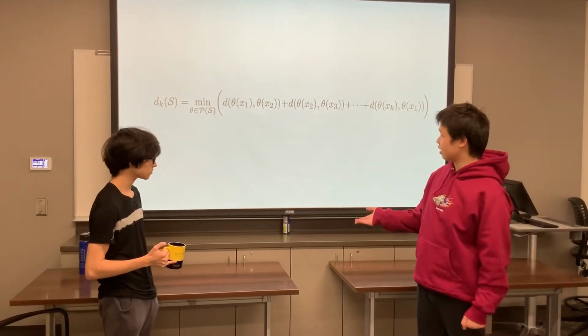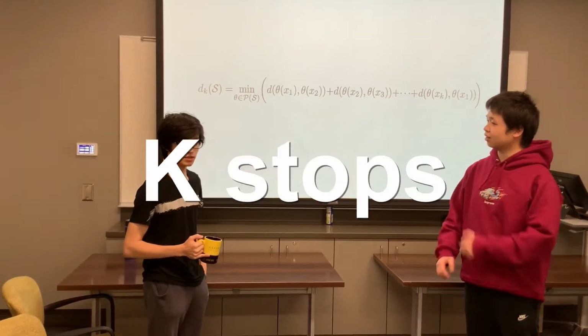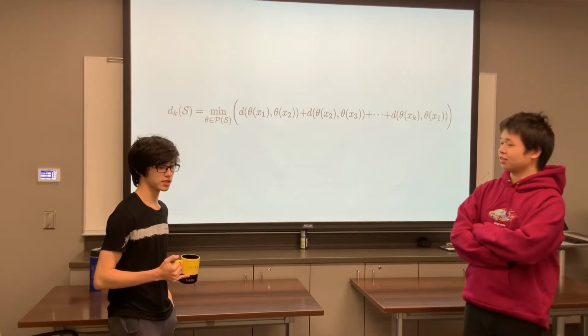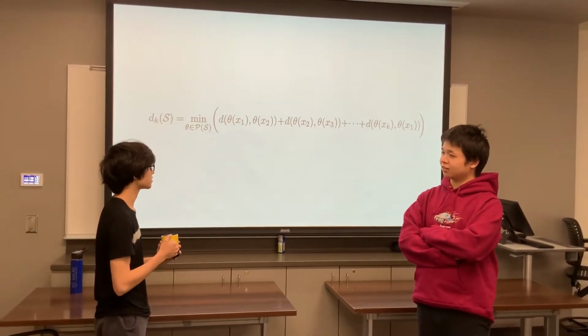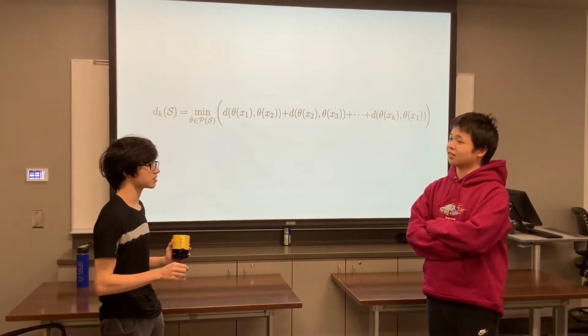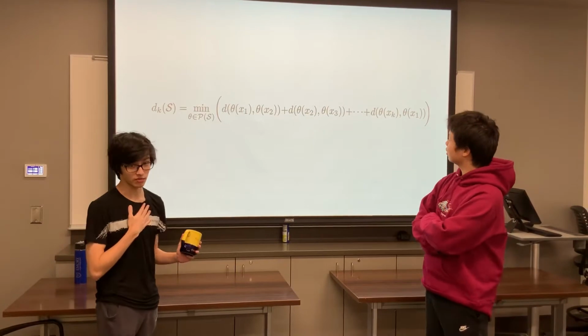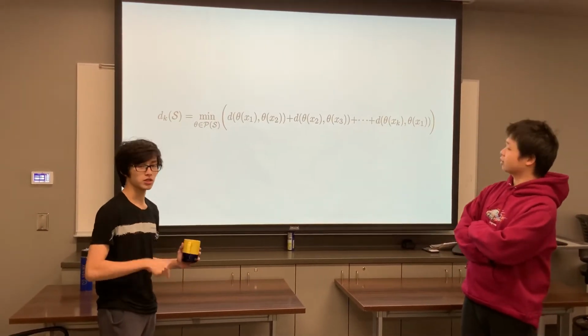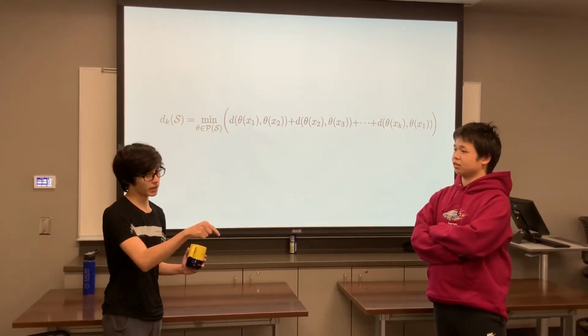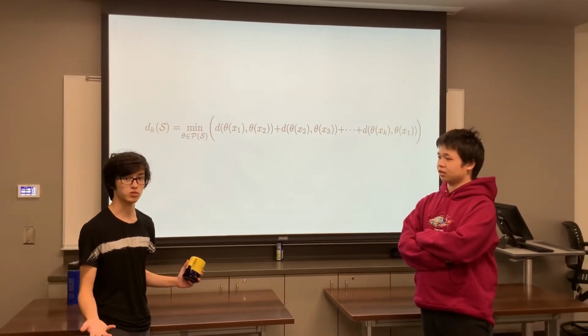So how does K-stop relate to your Thanksgiving trip? Well, the K-stop distance of a graph is essentially the distance that it takes for a cycle that contains K specific vertices. For example, my Thanksgiving trip, which involves going from Georgia to Maryland to New York, then back to Georgia, is a K-stop distance where K is 3.